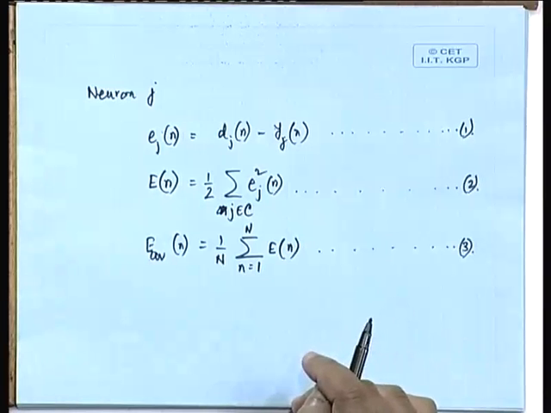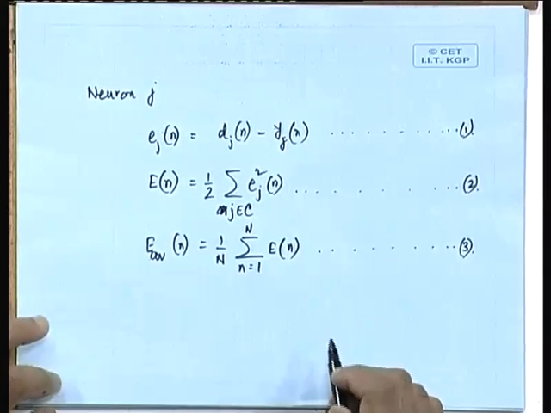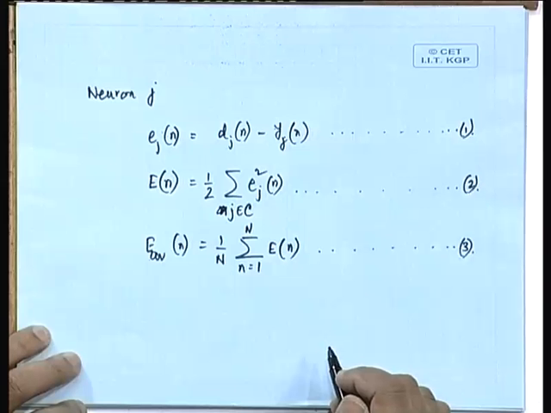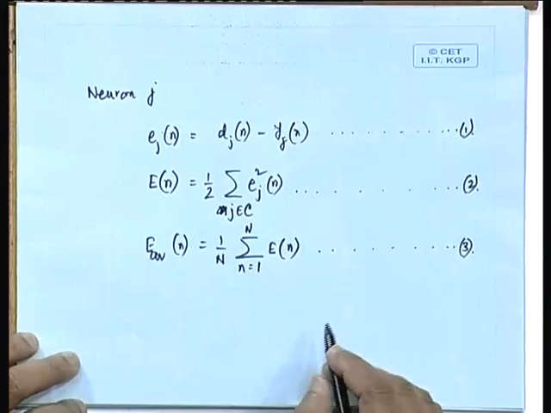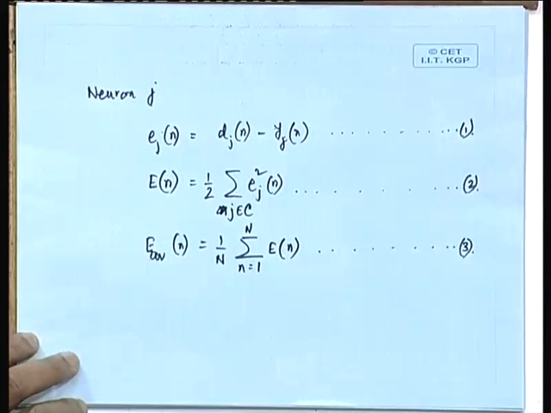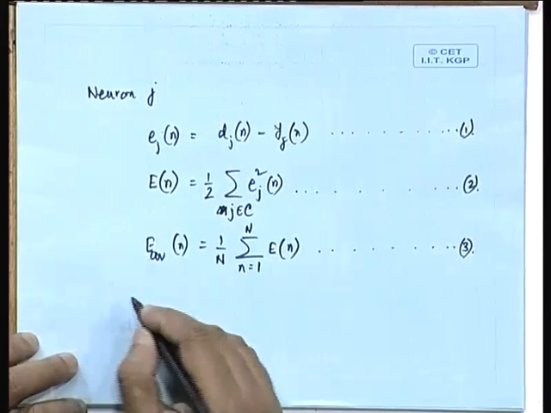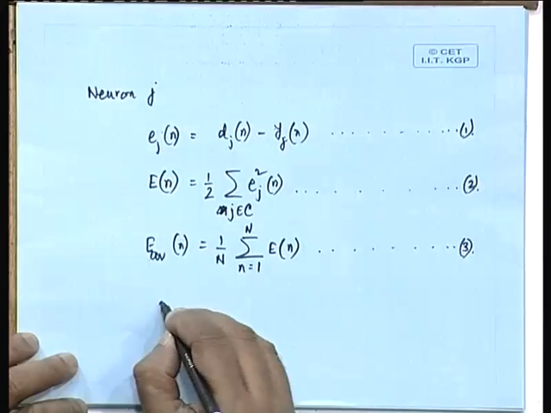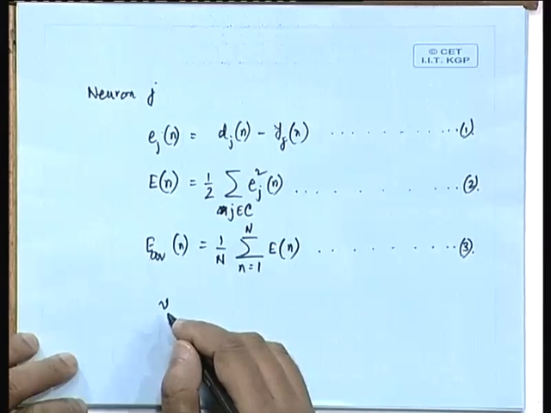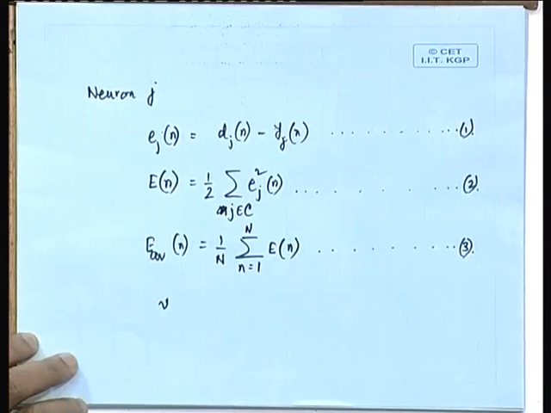Now, we can write down the induced local field at the input of the neuron j. If we are taking the activation function, the input to the activation function, because what we are doing is summing up all the weighted inputs, and those weighted summations will be modified by the phi function.